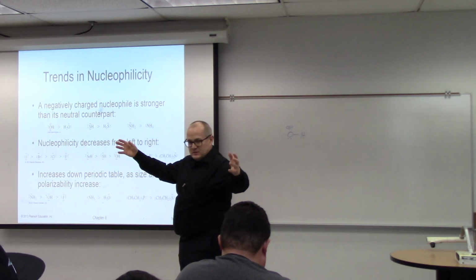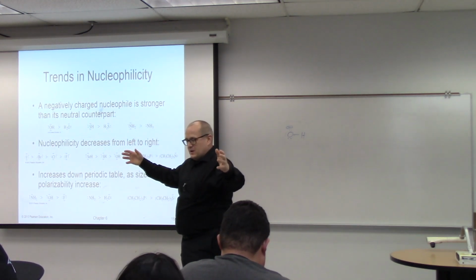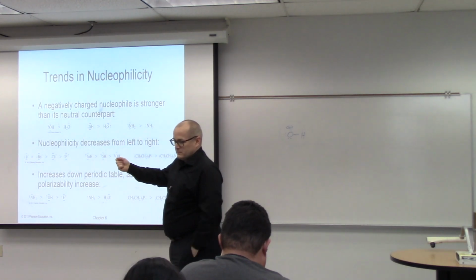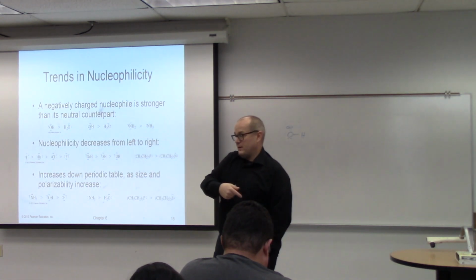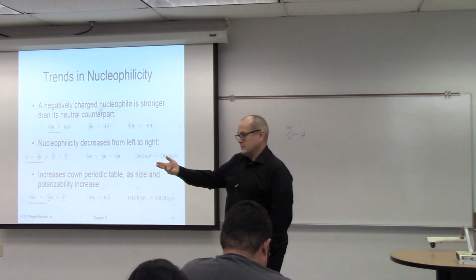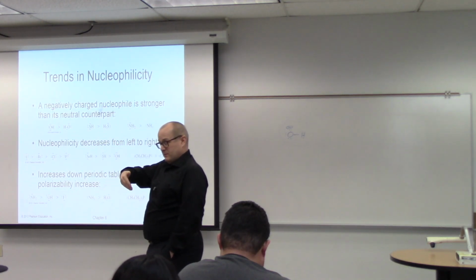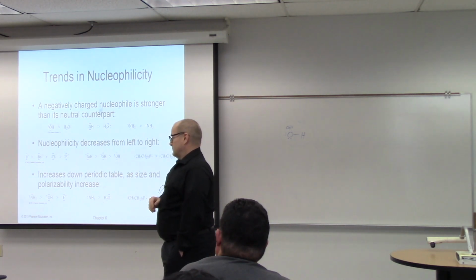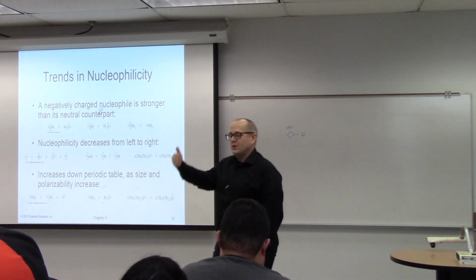Soft things, polarizable things, are very good nucleophiles. Hard things are not quite so good. They're better bases. Which is why OH minus is a better base than it is a nucleophile, because it's not very polarizable. Nitrogen, on the other hand, is starting to become more nucleophilic and less basic. Are you with me? Go down the periodic table. Start getting bigger atoms, more polarizable, more nucleophilic.